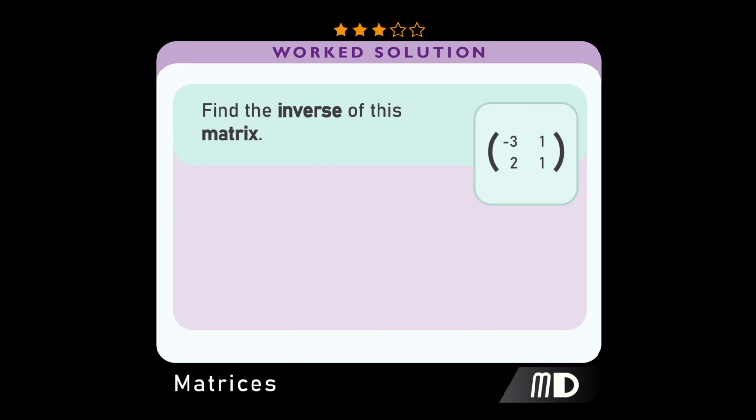And each item within the matrix is called an element or entry. A 2 by 2 matrix has 2 rows and 2 columns. In this question, we've been given a 2 by 2 matrix and asked to find its inverse, should one exist.